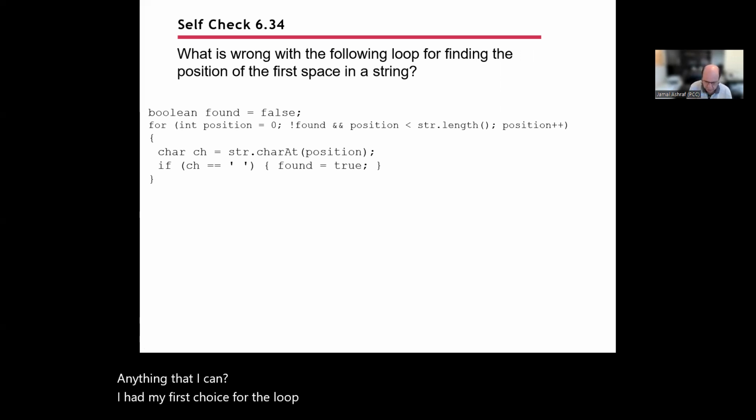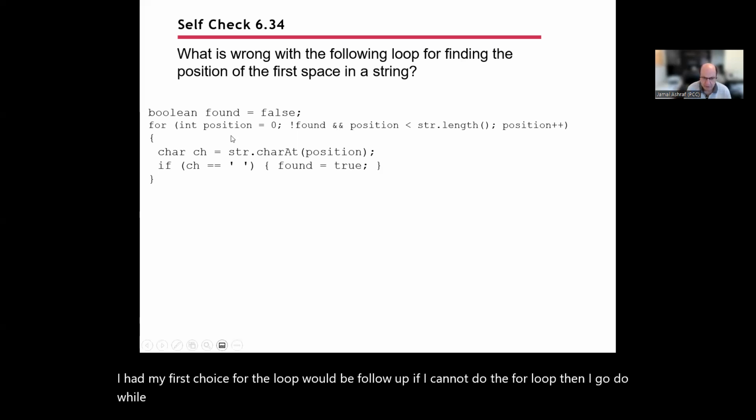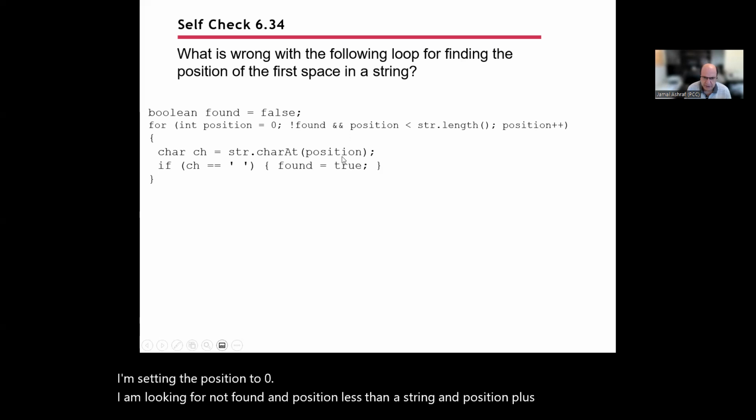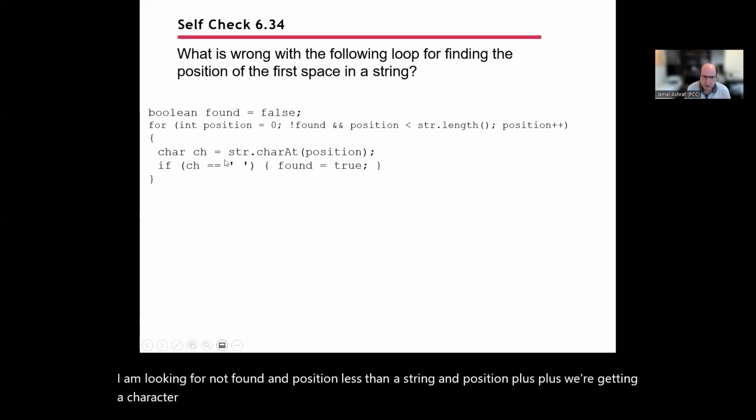If I cannot do the for loop, then I go to a while loop. So in this case, I'm setting the position to 0. I am looking for not found and position less than the string length, and position plus plus. We're getting a character at the position, and then we're going to check to see if that character is a space. So what is wrong with this code?